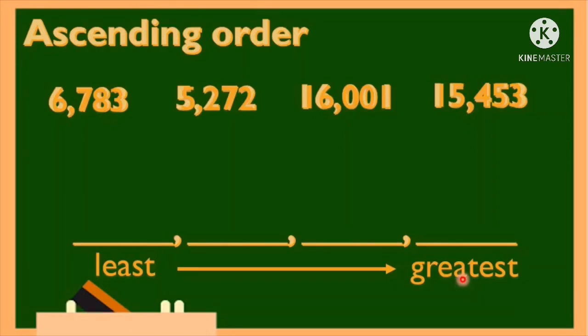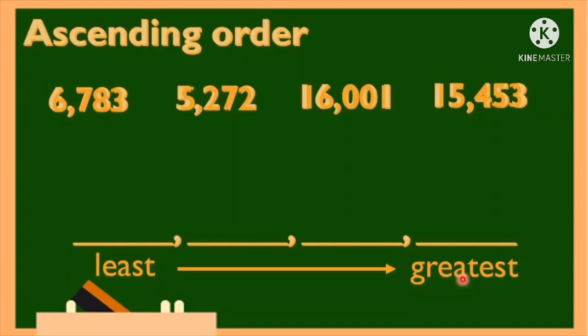What do you think? Okay, I will help you. Here, if we count the digits of each number, the first and second numbers have 4 digits.